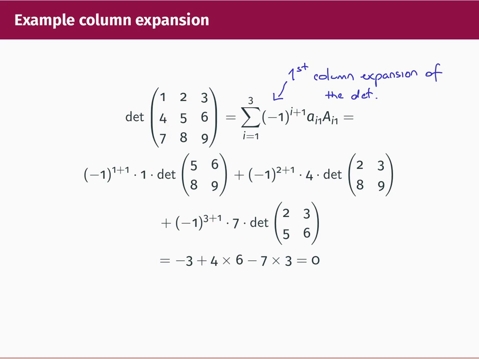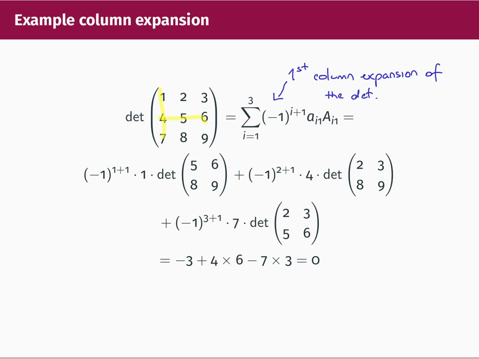Next term in the first column expansion is when i equals 2. So I get minus 1 to the power 2 plus 1 times the 2, 1 entry of A. The 2, 1 entry is 4. And then I multiply by the determinant of the 2 by 2 matrix obtained by deleting row 2 and column 1.